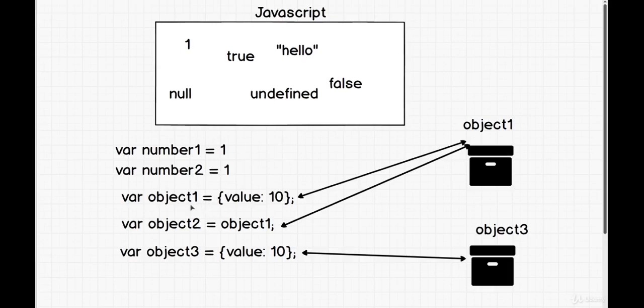However, when we created object1 equals value 10, and object2 equals object1, and object3 equals value 10, well, those were created by the programmer. They're reference types. So what we said was, I want object1, create a new object. We'll say this box over here, this filing cabinet, and in it, put value 10 into this box.